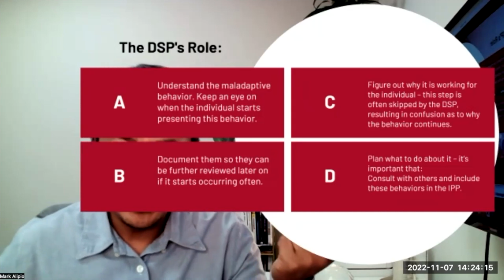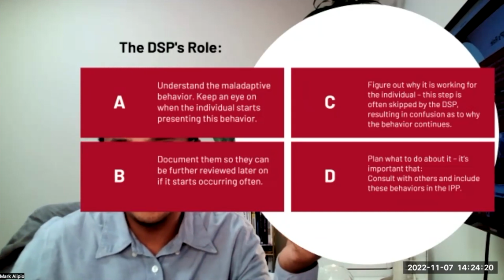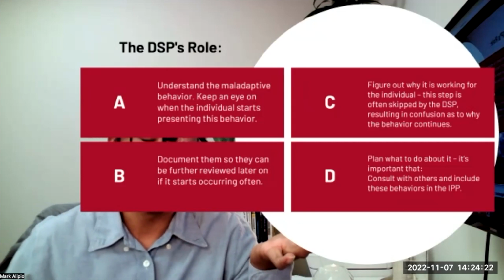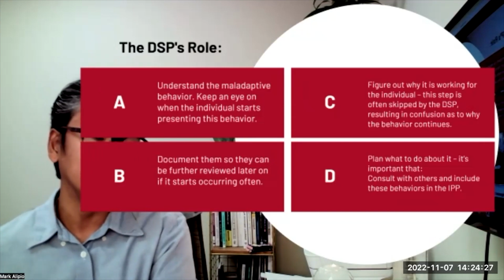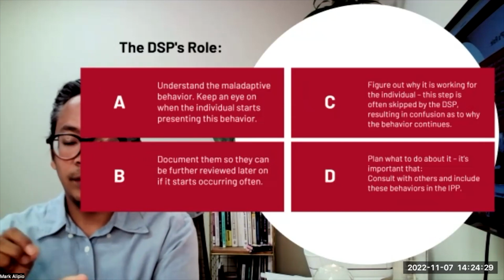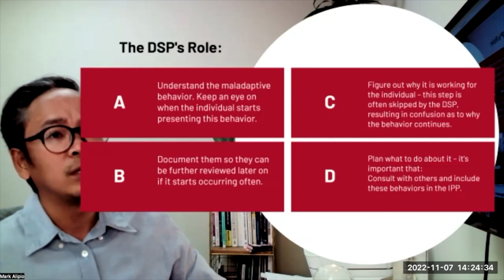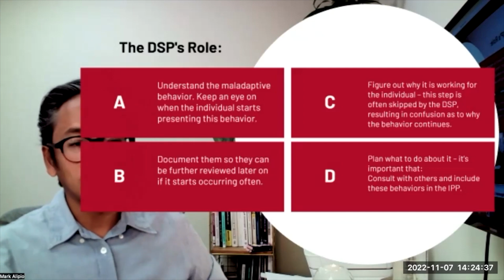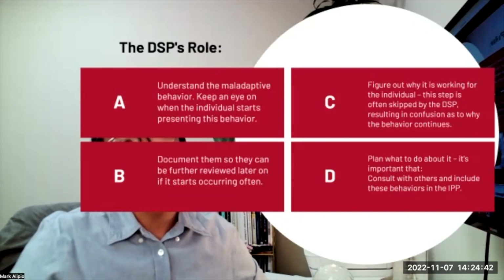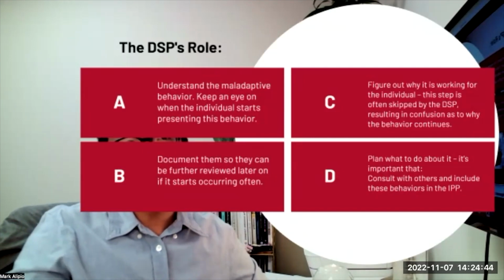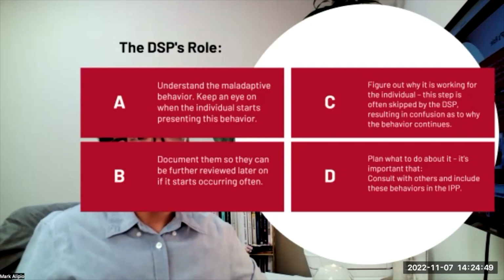So your behaviorist may provide you with an ABC or a documentation system or a form system in which your caregivers can document this type of information, right? When the behavior starts happening, and also what leads up to it, right? So our role as DSPs is to understand and also to monitor, right?